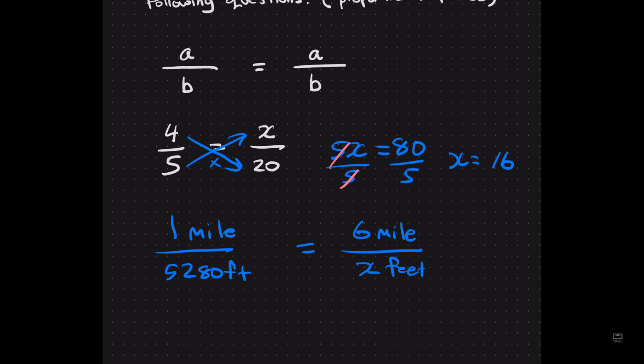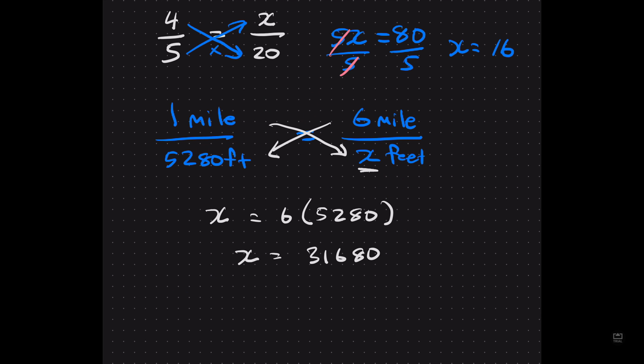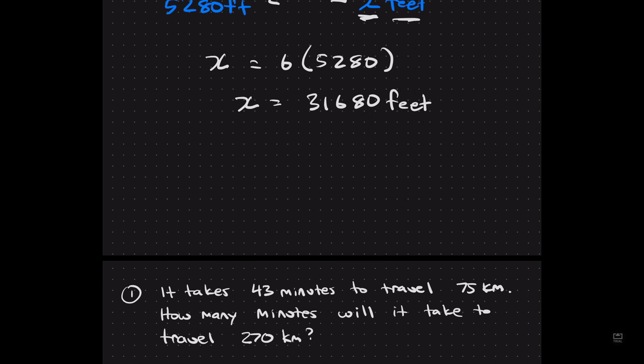So I'm going to go 1 times x, which is just x, and that equals 6 times 5,280, and that's as simple as punching into the calculator, and we end up with x equals 31,680, and in this case where the x is associated with the units feet, so we need to include those units right there.